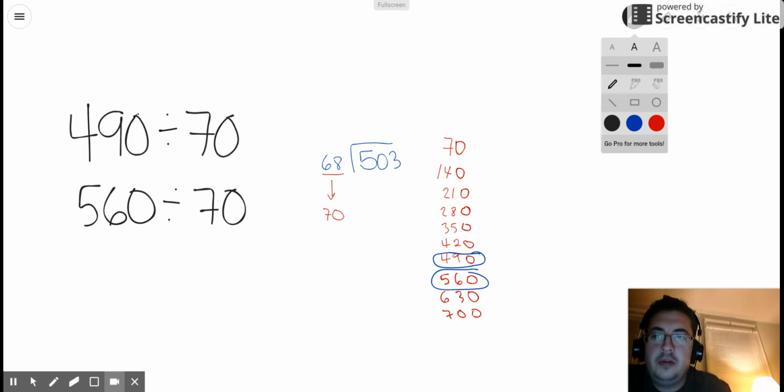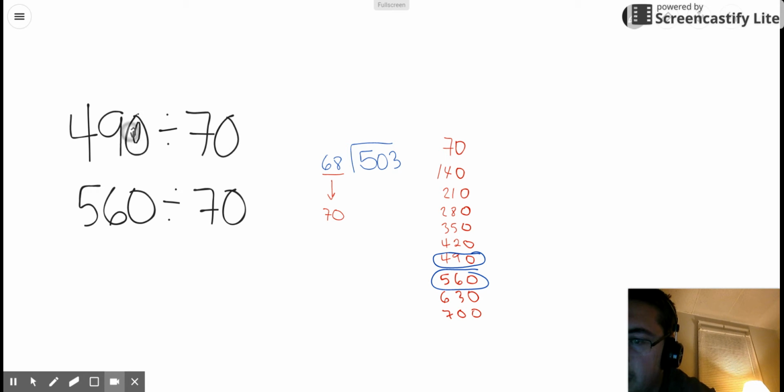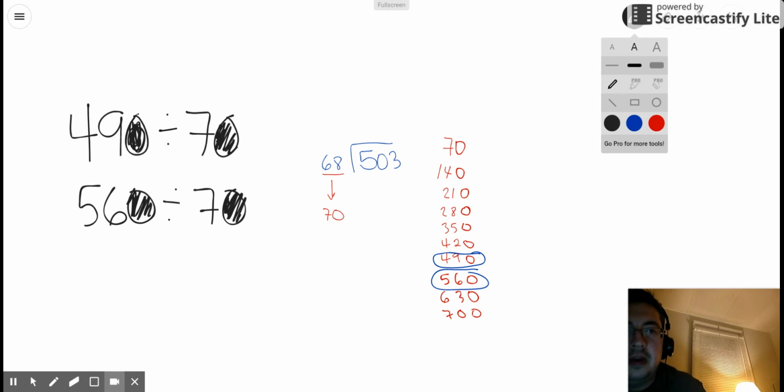So the first thing I'm going to do here is, to make it easier on myself, color in my zeros. And this is not going to look perfect, but you're going to get the idea, I hope. So we're going to color these zeros in. And so now once I have my zeros colored in, it's a lot easier to see what my basic fact is.